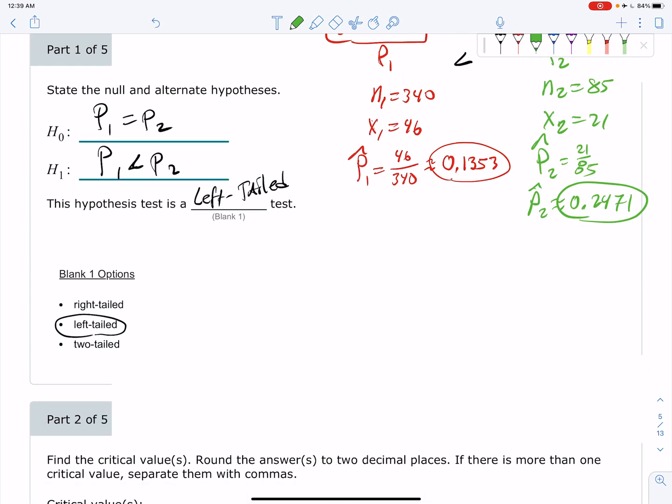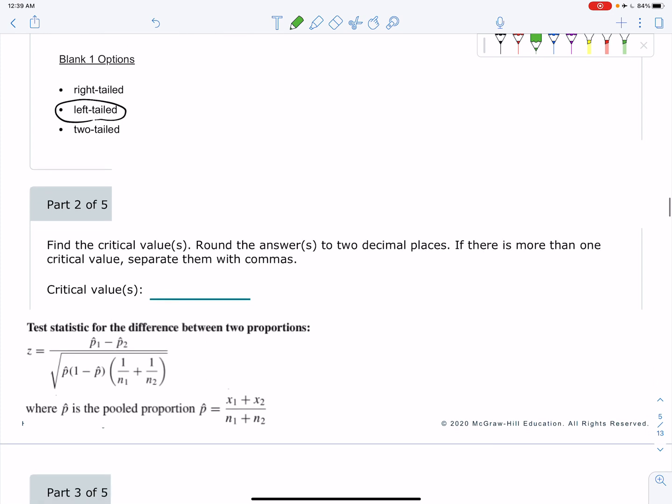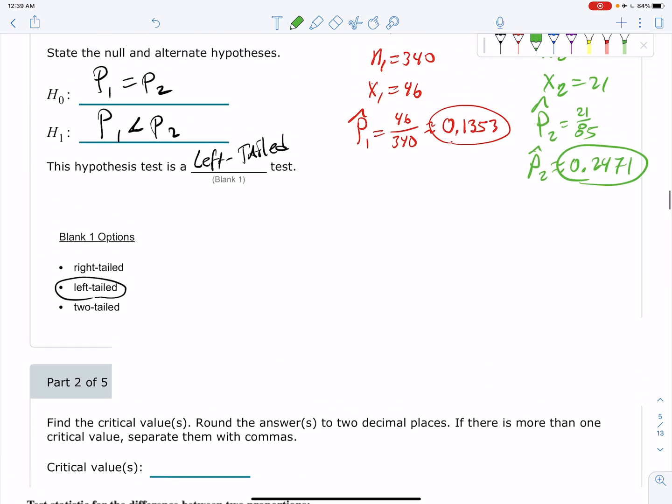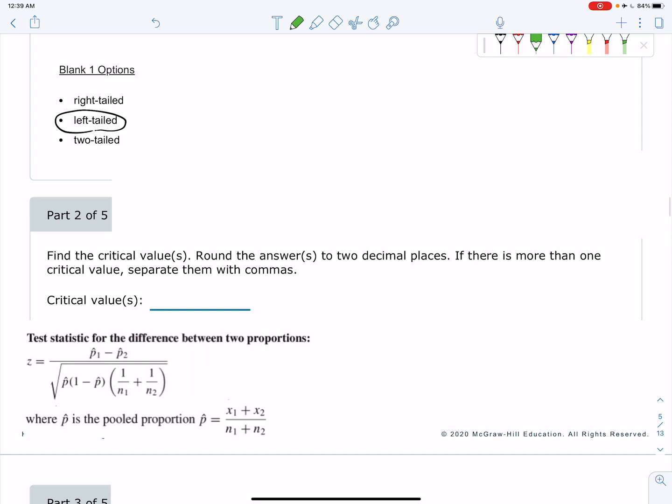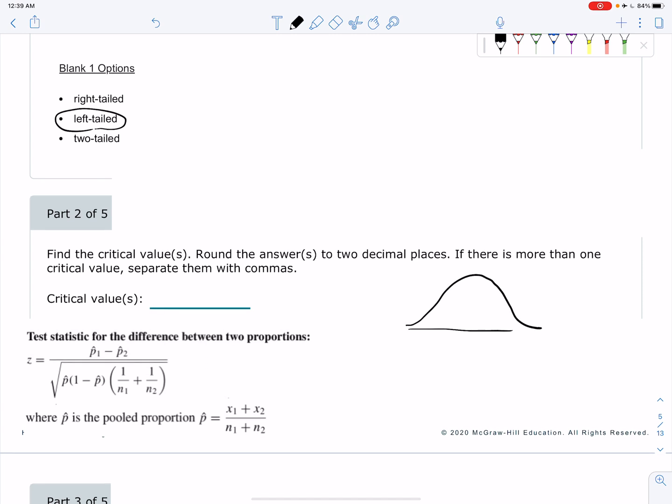Okay, so now find your critical values. Remember how you find your critical values? It's very important that, once again, it's left-tailed, right? Okay, so it's a left-tailed test. So essentially, I'm looking for that value right there.